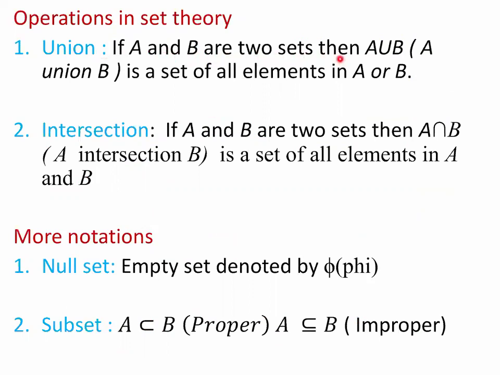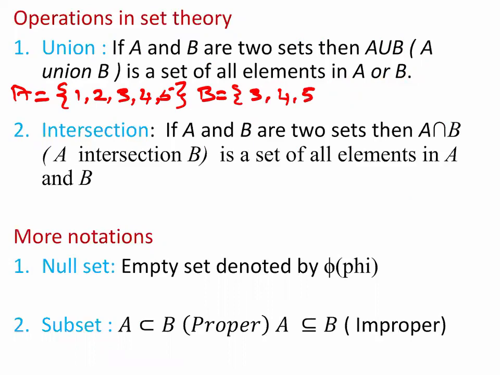If A and B are two sets, then A union B is the set of all elements in A or in B. For example, if I define A to be the set with elements 1, 2, 3, 4, and 5, and B to be a set with 3, 4, 5, 6, and 7, then A union B will be a set with 1, 2, 3, 4, 5, 6, and 7.